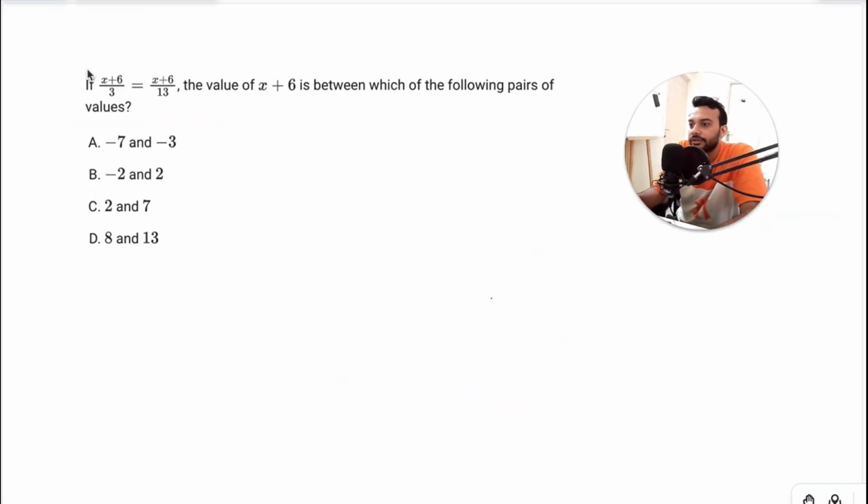Next question. If (x plus 6) over 3 is equal to (x plus 6) over 13, the value of x plus 6 is between which of the following pairs of values? So the value of x plus 6, let's check. (x plus 6) over 3 is equal to (x plus 6) over 13.